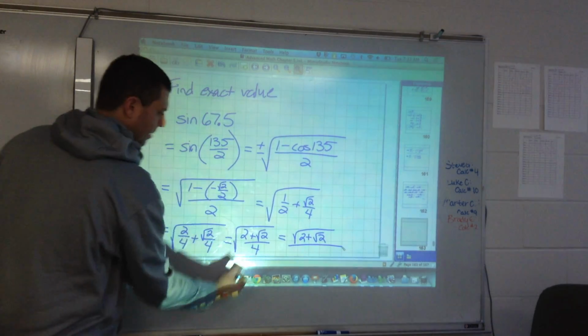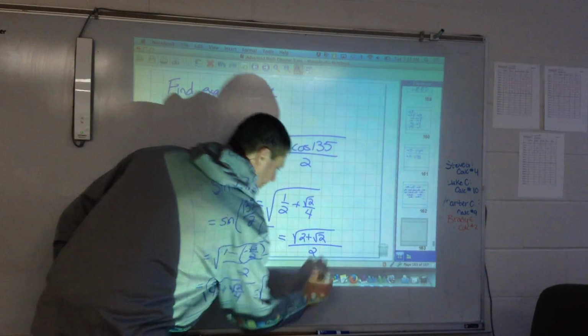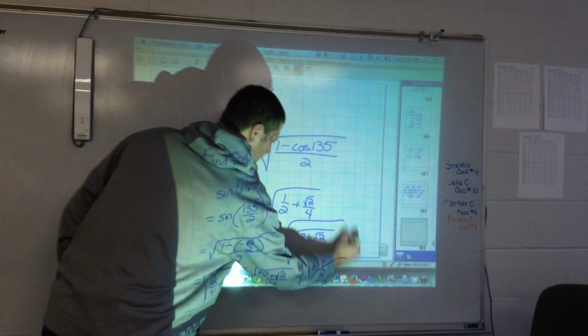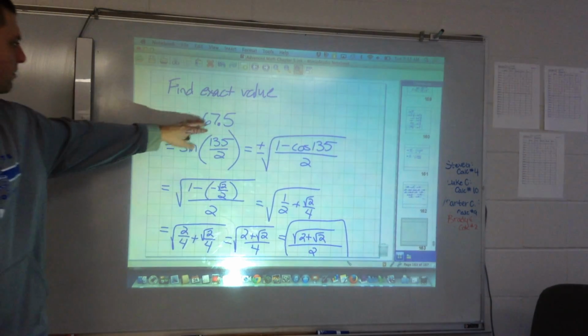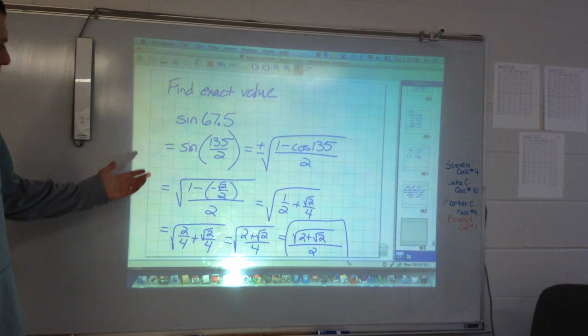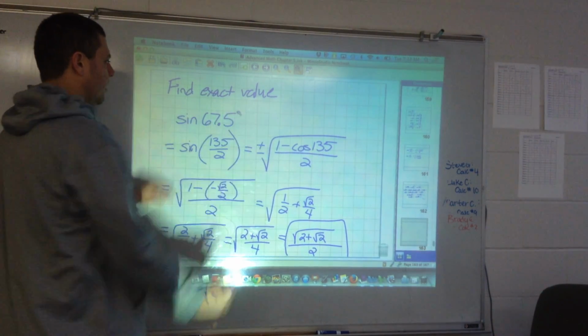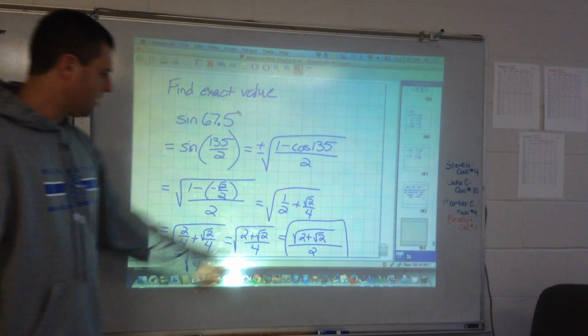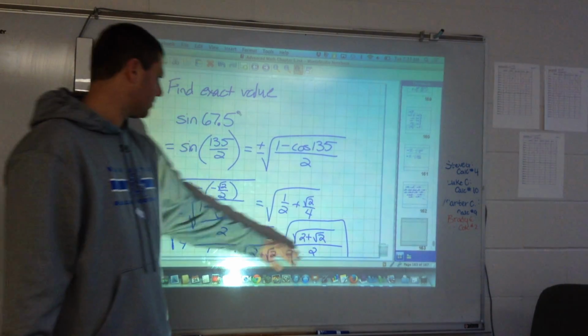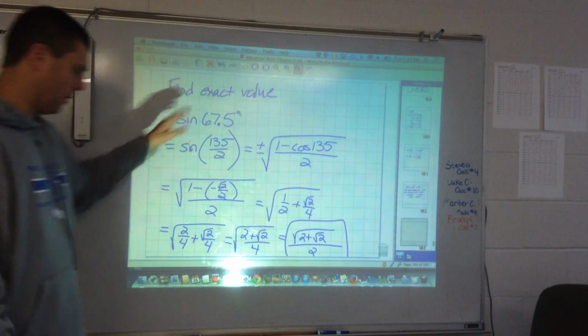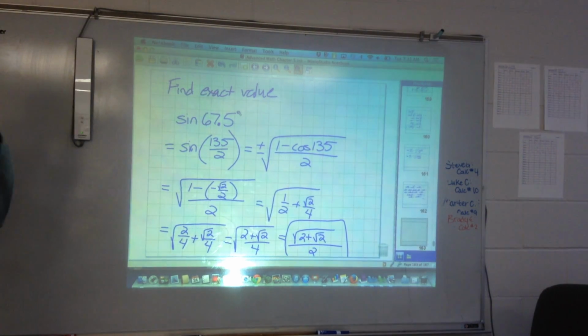If you square root the bottom of that fraction, the square root of 4 is just a regular 2. So this would be your final answer for the sine of 67.5. What I do to check too is I would type this into my calculator, make sure I'm in degree mode, see what decimal that is. Then I type this into my calculator, see what decimal that is, and make sure they match. That way I know I did all my simplifying correct.